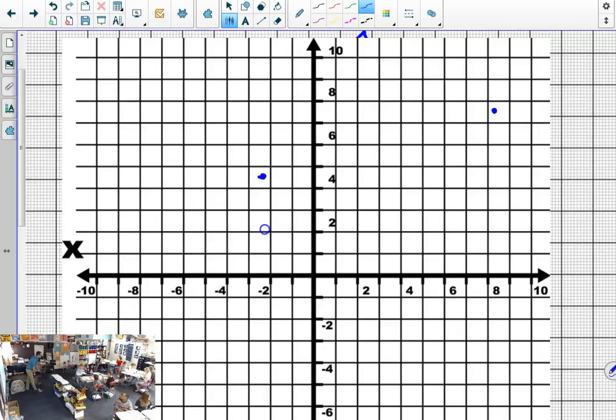-3 and 4/7. Now the fractions get weird to graph. How can I figure out 4/7? What can I relate it to? What's an easy fraction to think about graphing? If I'm in between 3 and 4, you might say I've gone in between. Starts with H. Half, right?